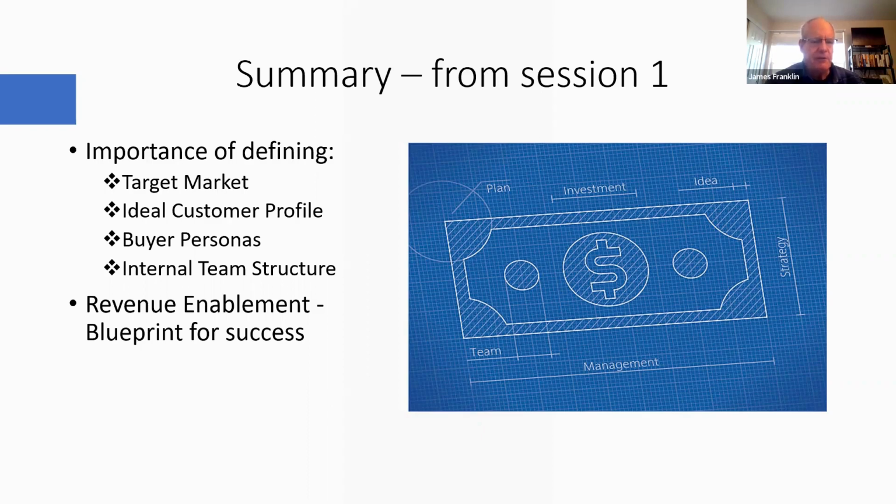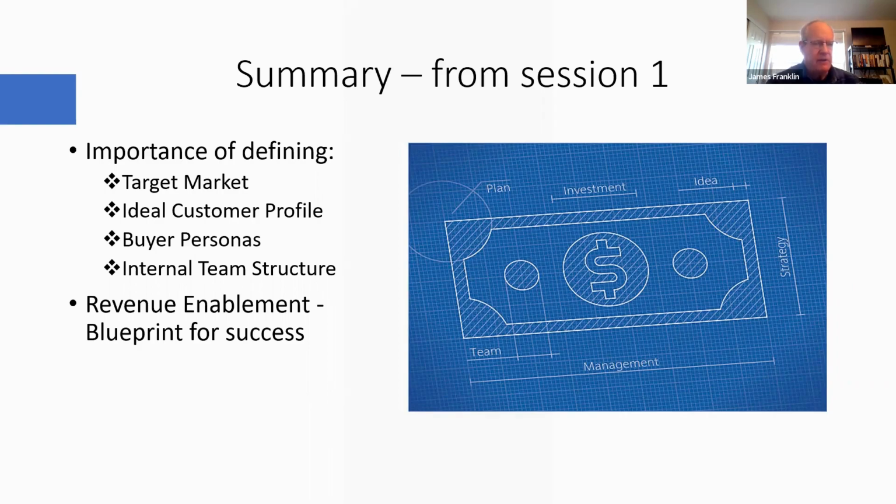So the summary from session one, we talked about the customer lifecycle, the customer buying journey, but more importantly, we're creating that foundation, that blueprint for success. That's defined as target market, the ideal customer profile, buyer personas, and internal team structure.